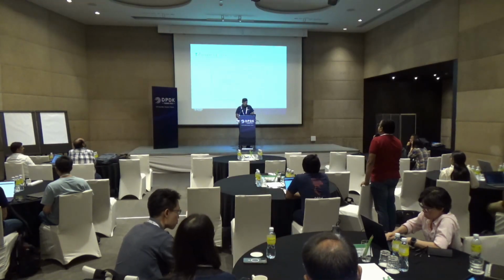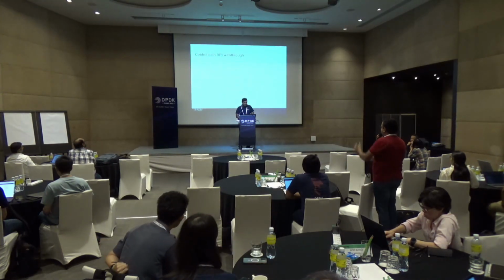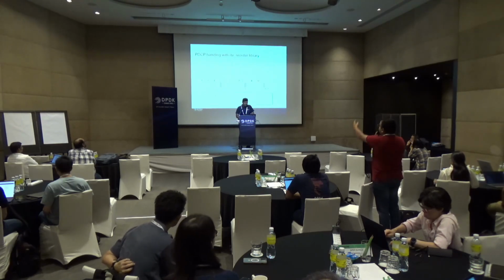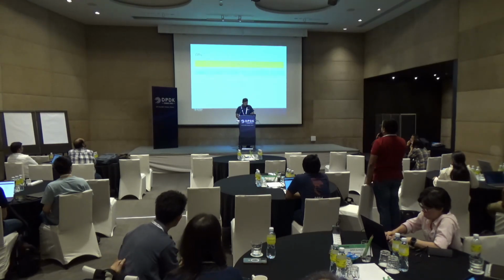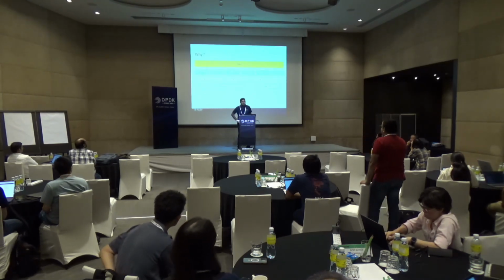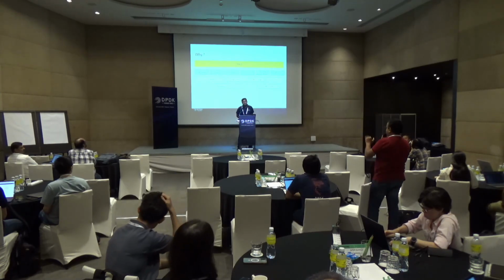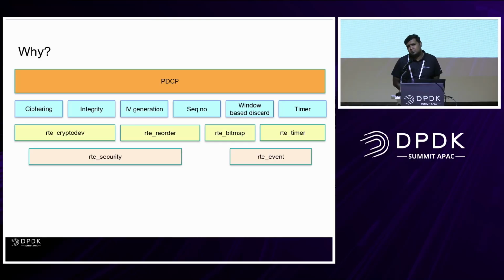Thank you, Anoob, for the presentation. I have two small queries. One is on the RT reorder library part, and the second one is on the RT timer part that you presented. The figure, the other one, please. We already had an RT reorder library with a certain way of working.